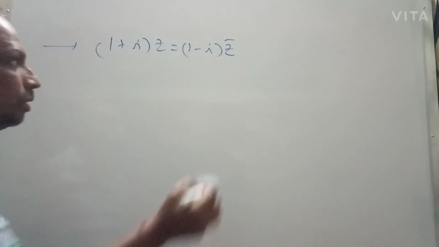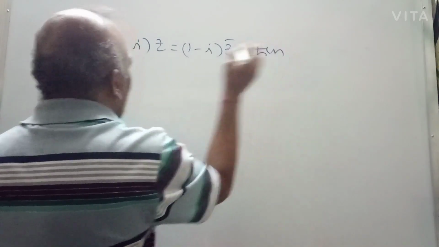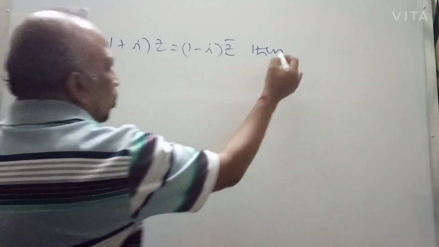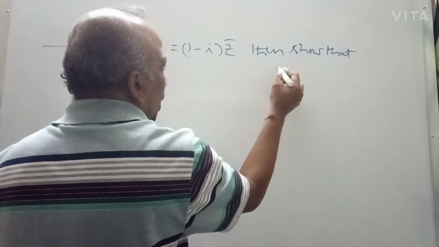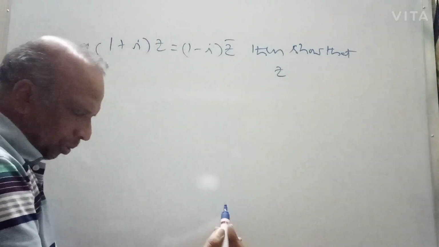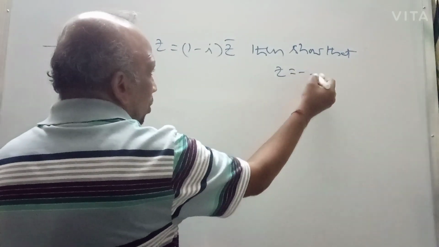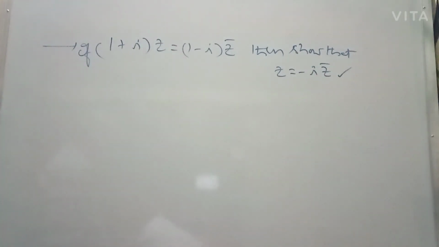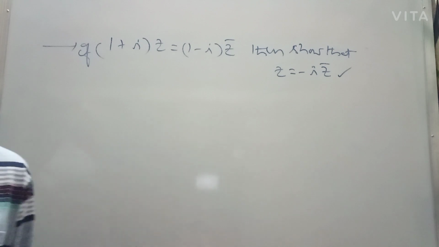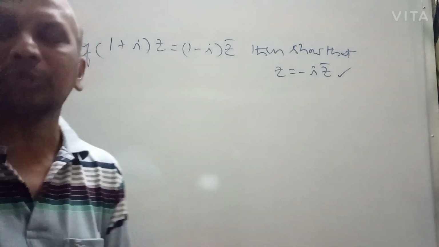Then show that z equals minus i into z bar. They are asking to show that z equals minus i into z bar. So this result they are asking to prove: z equals minus i into z bar.